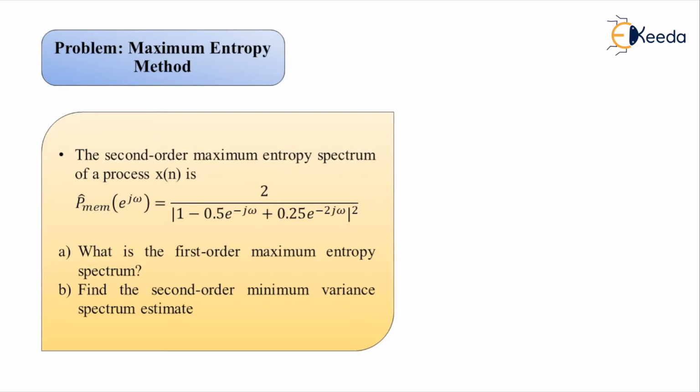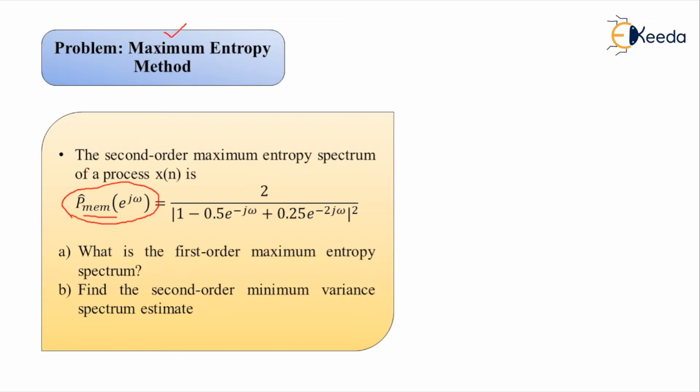As we can see in this problem statement, the only given detail provided to us is the power spectral estimation by the use of the maximum entropy method. Here the abbreviation MEM, or maximum entropy method, has been used.